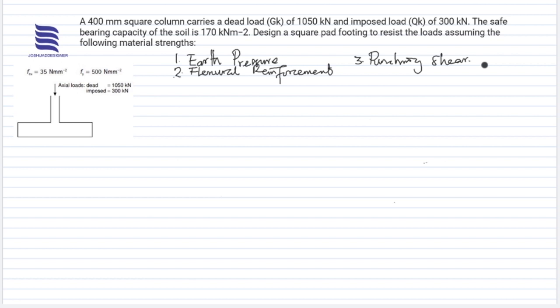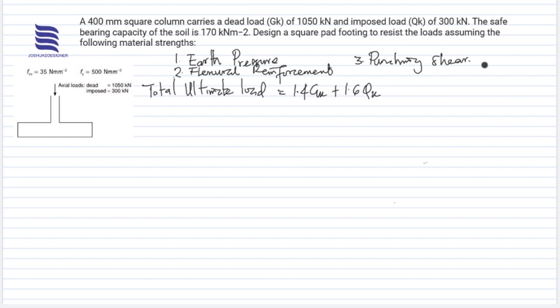Right? And as I told us, in the determination of our pad base area, we actually apply the service load, that is the unfactored load. But in the case of obtaining the earth pressure, we would have to find the total ultimate load. And we know that that is obtained from 1.4 GK plus 1.6 QK.